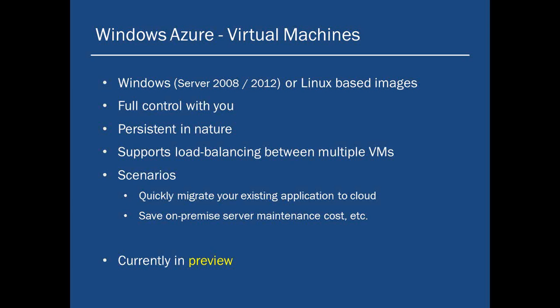However, if you want to just migrate from on-premise to the cloud, you can create a virtual hard disk. You can create a VHD file from your Windows Server 2008 or Windows Server 2012 machine using the tools available at the OS level itself, and these VHDs can be transferred onto the cloud into the storage.